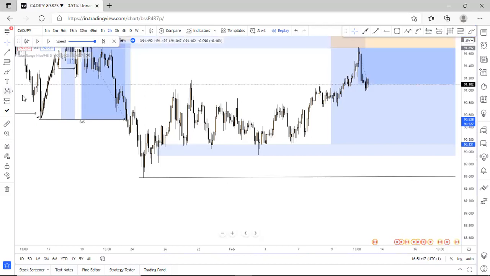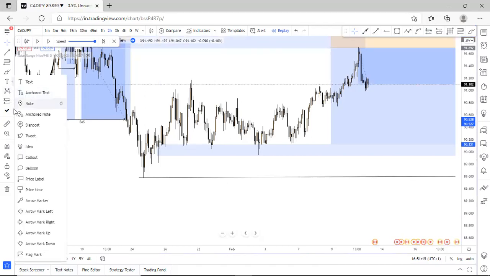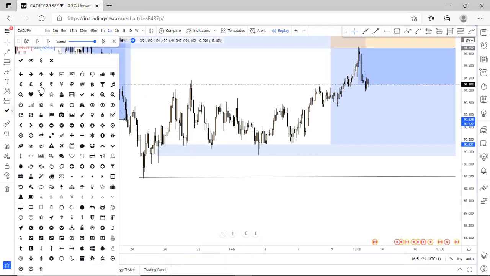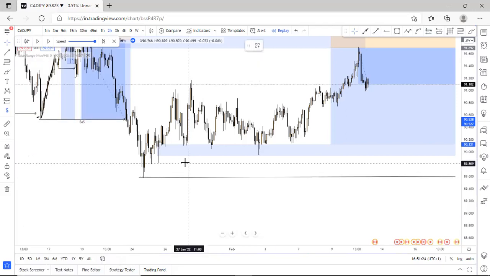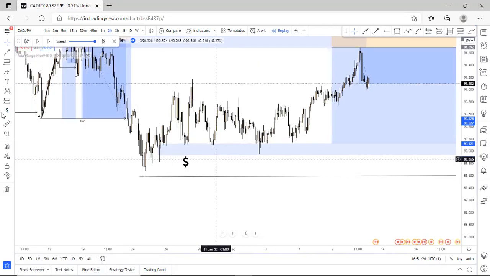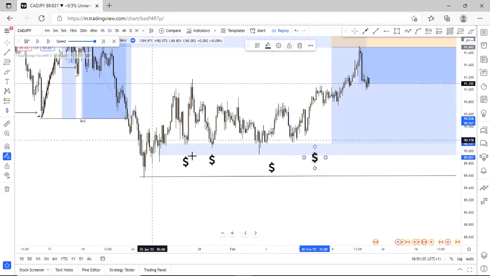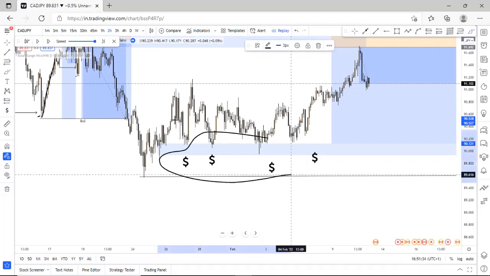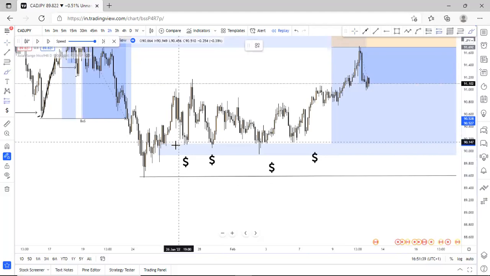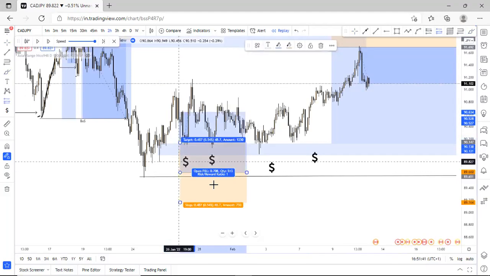Also, this is some kind of liquidity in the market, because at these zones there are various stop losses. Retail traders buying this market have their stop loss at this zone right here. There is liquidity at this zone, because we can see the market come to this zone right here.